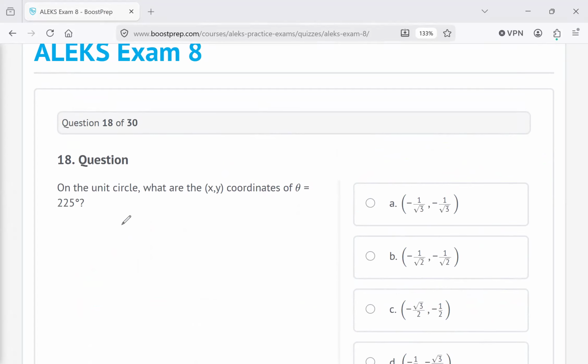This one, on the unit circle, what are the coordinates x, comma, y of 225 degrees? Now you're doing a circle, but 225 is in the third quadrant.